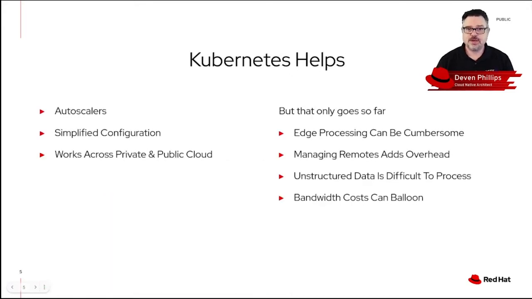Kubernetes helps. Kubernetes extracts away a lot of the complexity of moving to the cloud by providing a consistent set of practices for doing things like auto-scaling and configuration management across all your environments. But Kubernetes in and of itself is not the full answer to the challenges of large-scale IoT or large-scale IT in general.